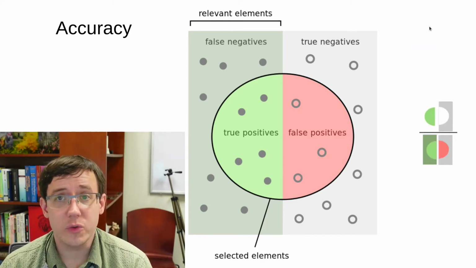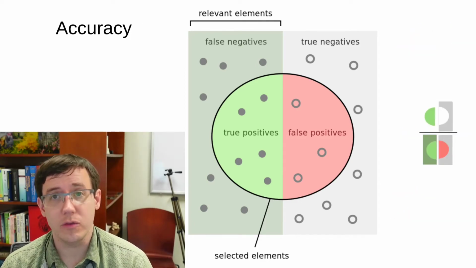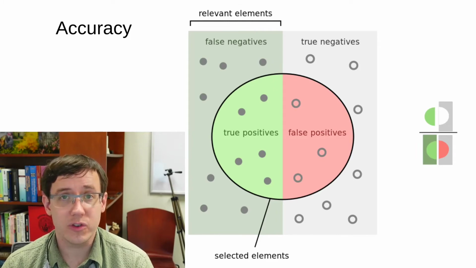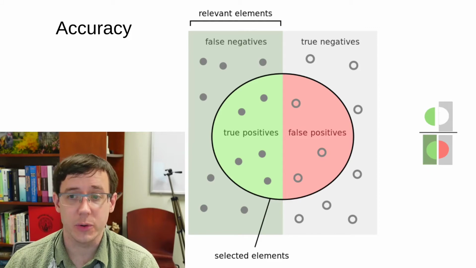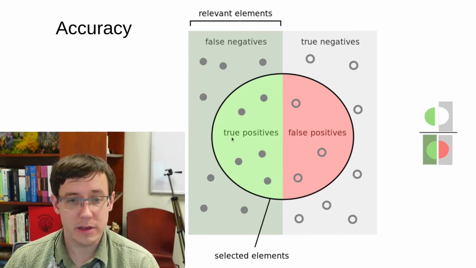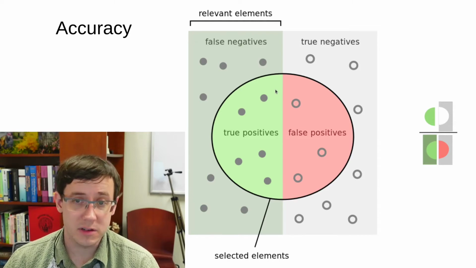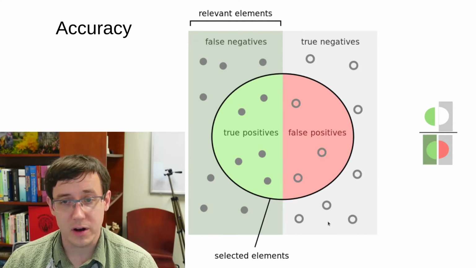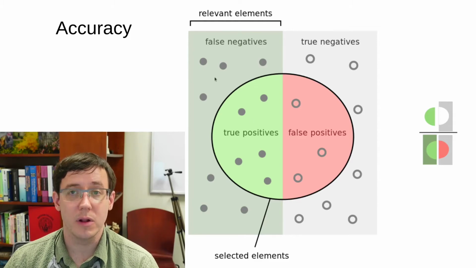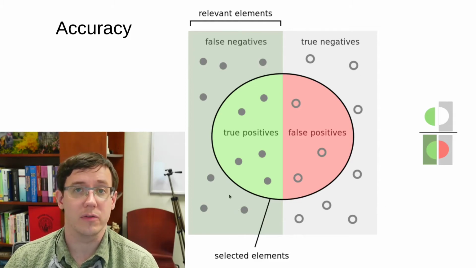Comparing these to the accuracy metric that we've used so far, accuracy is the fraction of things that we gave the correct label to. So it is the things that our model gave the correct positive label plus the things that our model gave the correct negative label out of the total number of data points.